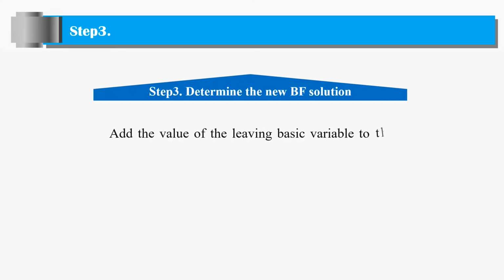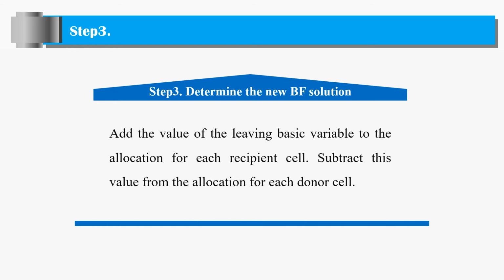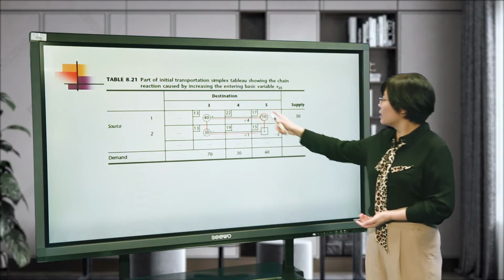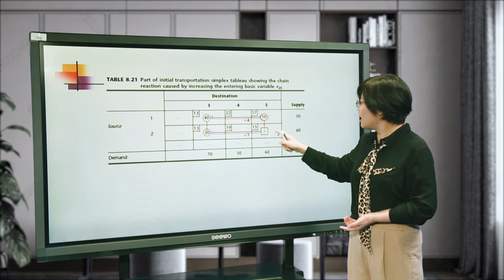Okay, the 3rd step, determine the new BF solution. We add the value of the leaving basic variable to the allocation for each receptor cell and subtract this value from the allocation for each donor cell. Then the simplex tableau becomes this.